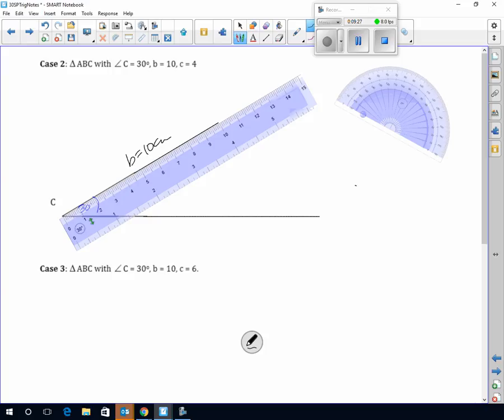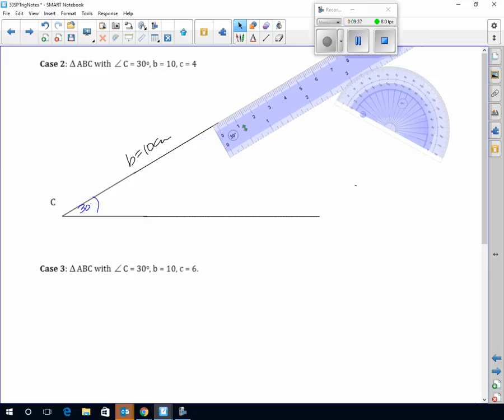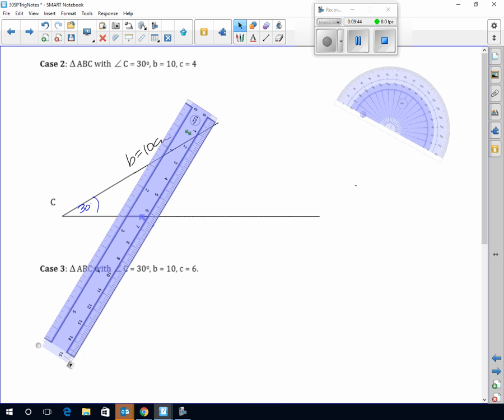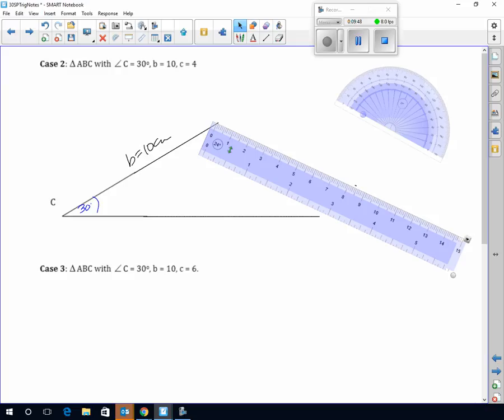Now from that place where it's 10 centimeters, we're going to measure 4 centimeters to get the opposite here. So I'm going to move this. And 4 centimeters. I'm going to swing this, and you notice when I swing this, it never hits A. Do you see that?